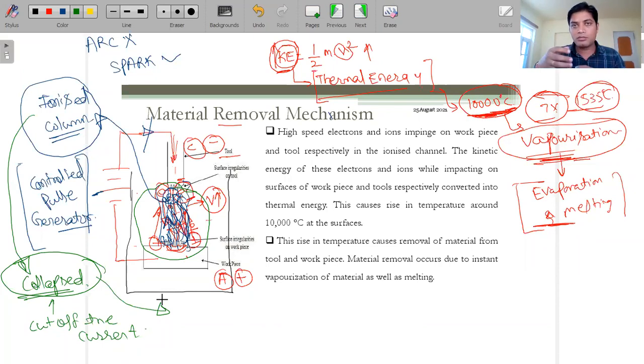In a microsecond, the complete kinetic energy is converted into thermal energy, and for a microsecond the temperature reaches 10,000 degrees centigrade. When you cut off the power supply, it generates the pressure and the shock wave.